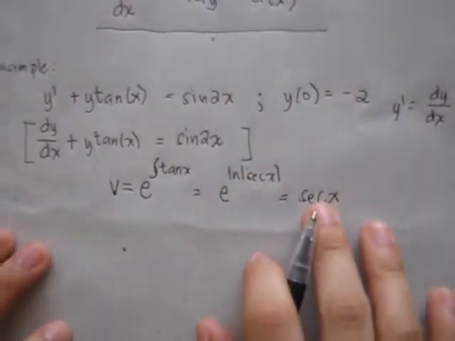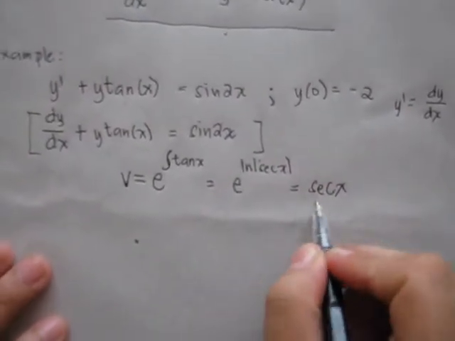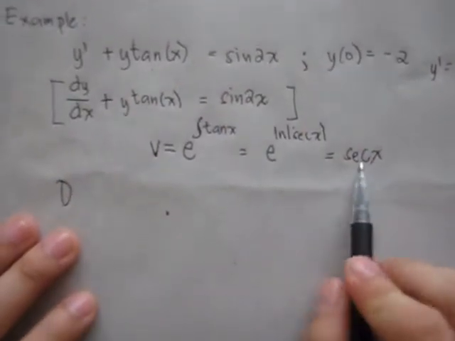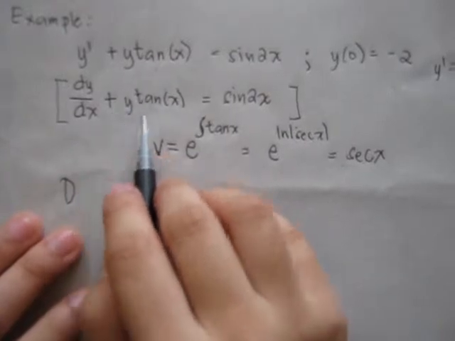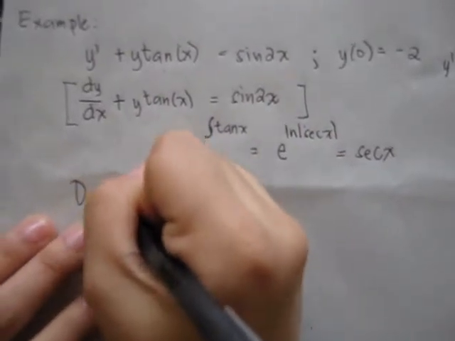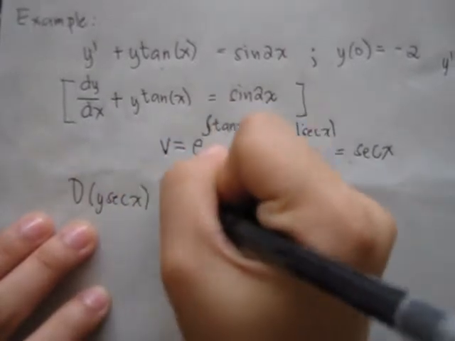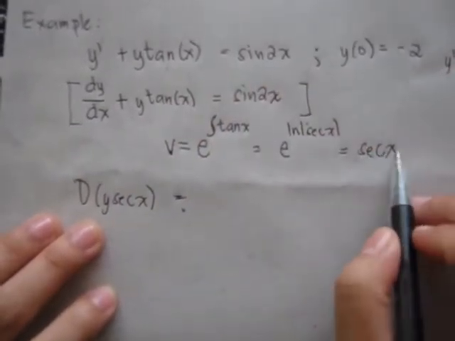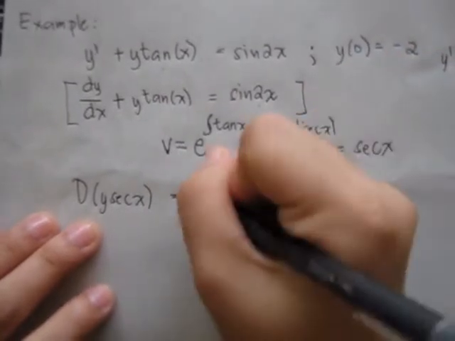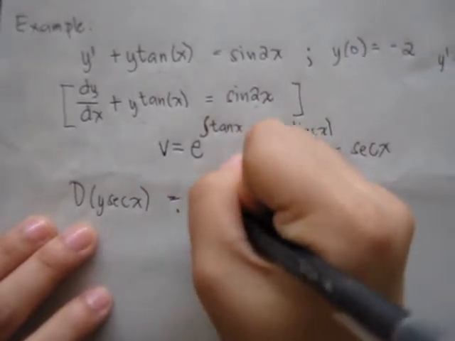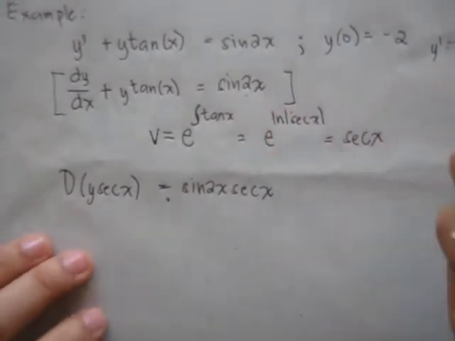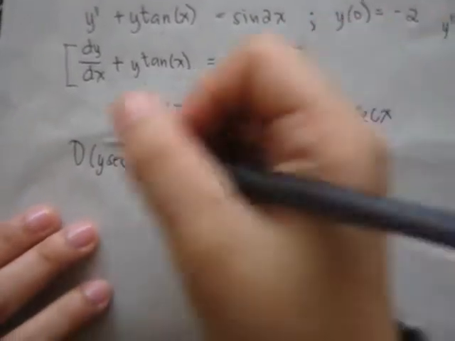So the integrating factor multiplied by this variable y, so p y secant x is equal to this secant x multiplied to sine 2x. So sine 2x secant x. Now we're ready to get its integral.